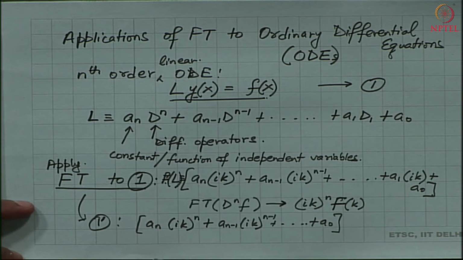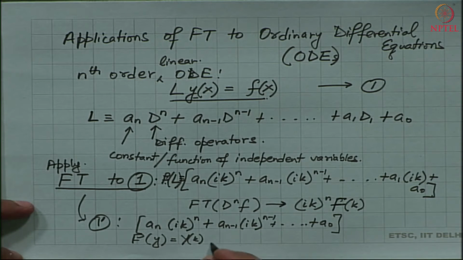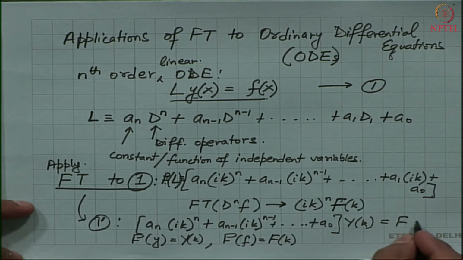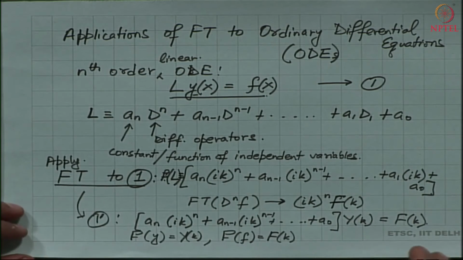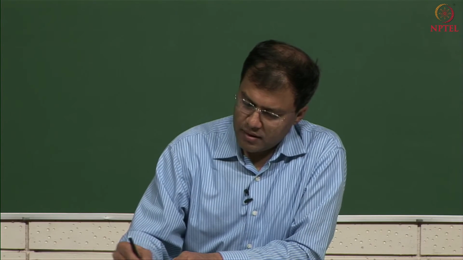Let us say the Fourier transform of y is capital Y of k, and the Fourier transform of f is, let us say, capital F of k. So I get the Fourier transform of y equals the Fourier transform of f. Okay. So in general, 1 prime can be written as follows.